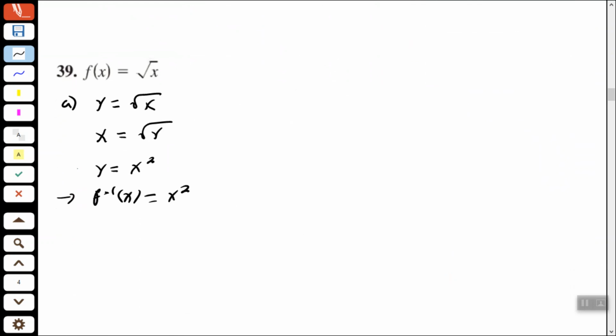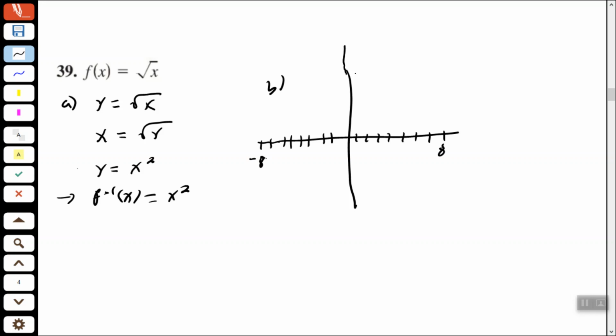Okay. All right. So part B, graph this. And again, like I said, you can throw this in Desmos to graph it, or you can sketch it out. All right, so f of x or y equals the square root of x.